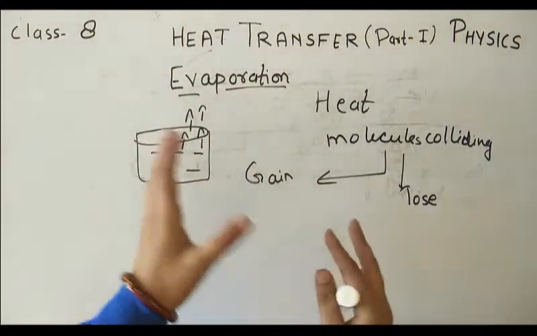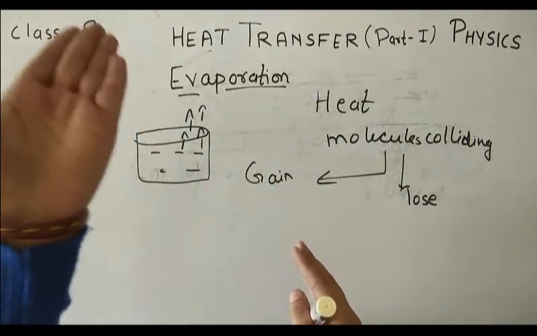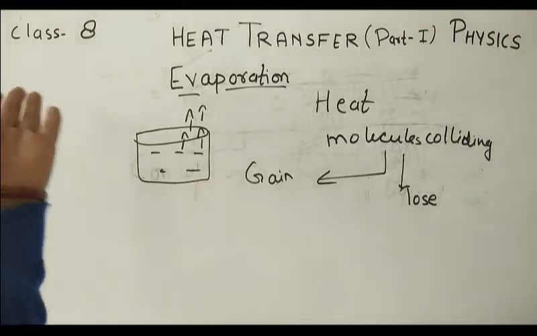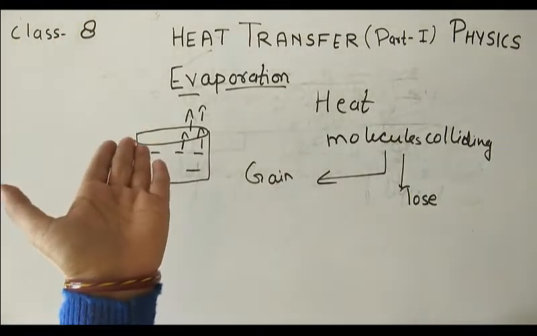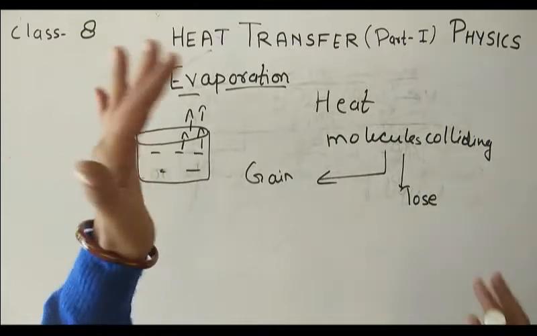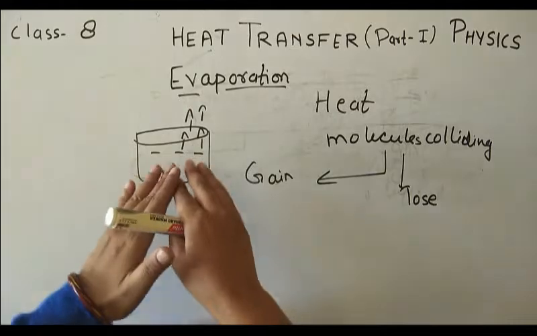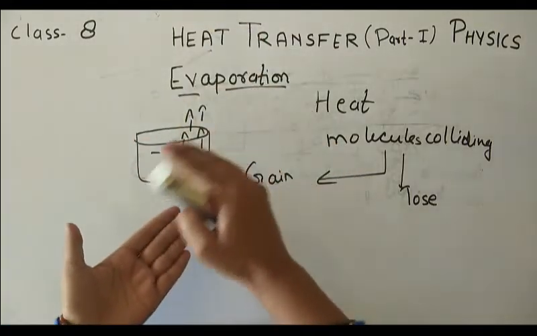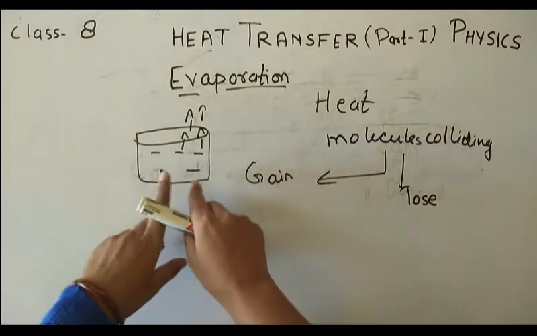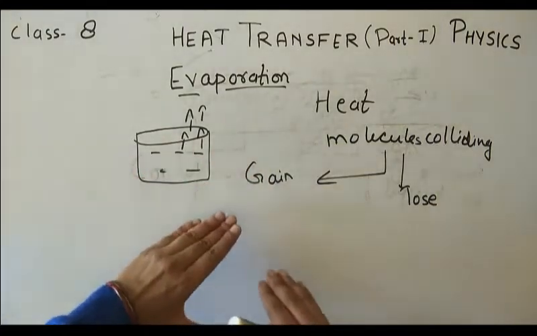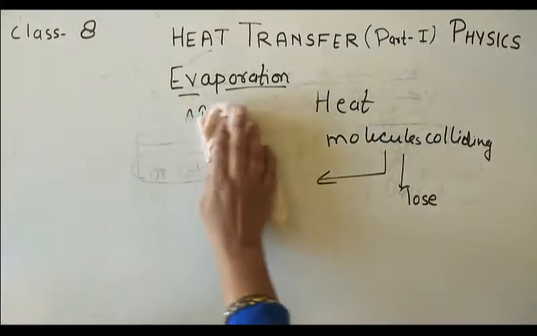The molecules that escape have greater kinetic energy, and the temperature of the molecules that are left behind decreases, so the liquid left has a decreased temperature. Okay, so in this way evaporation occurs.